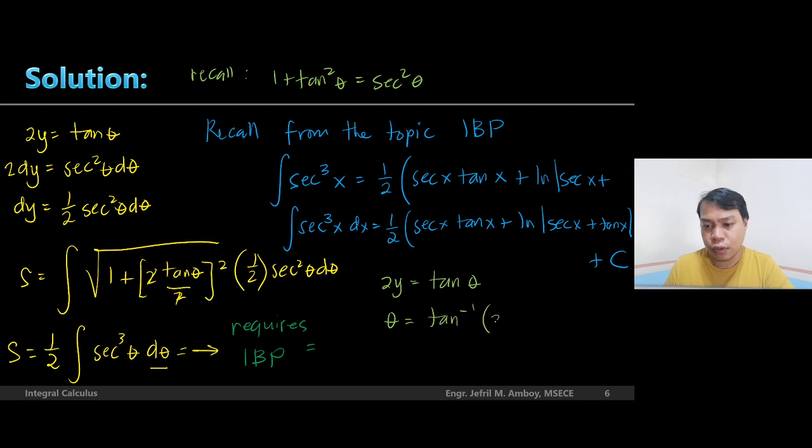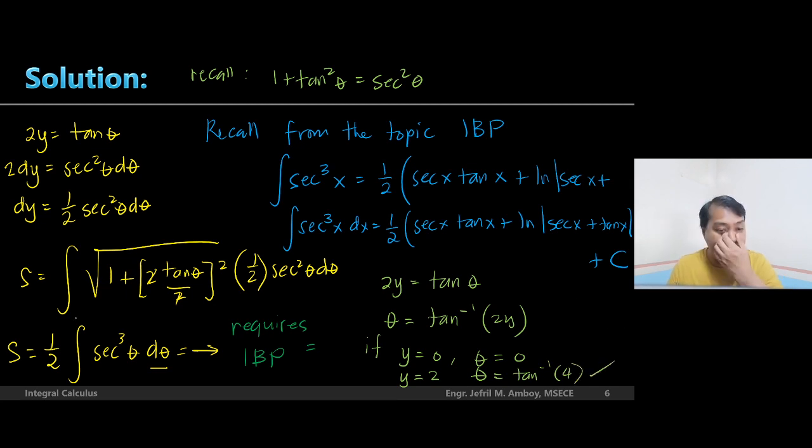So if y equals 0, then theta would be 0 also. Tangent inverse ng 0, 0 yan. Now, if y equals 2, kasi yun yung upper limit natin, no? So, yung theta natin, magiging tangent inverse of 4. No? So, ito na nga yung upper limit mo dito.